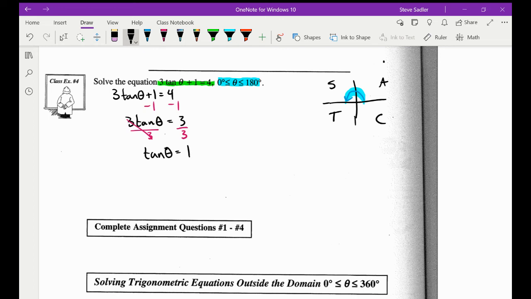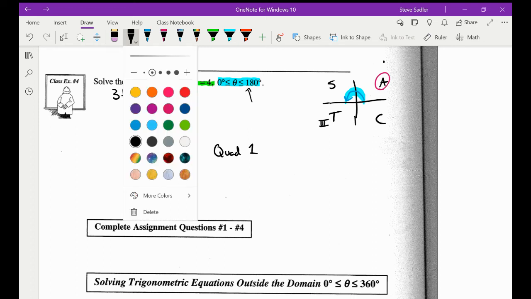So tan is a positive value, which means that we are looking at quadrant 1. Normally we would look at quadrant 3 as well down here, but our domain is limited to the top 2 quadrants, so we are just looking at quadrant 1 only. So I can type this in.